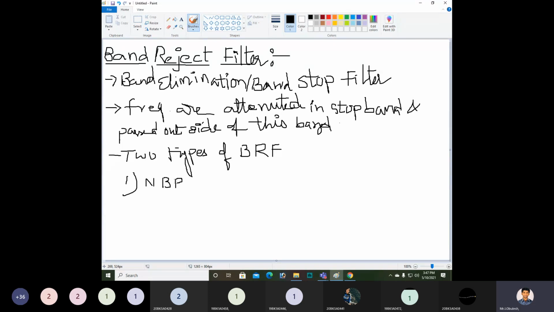You need to write clearly, don't write shortcuts like NBRF. You need to write narrow band reject filter clearly.